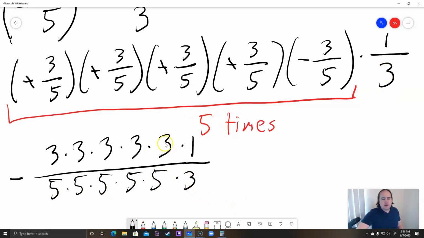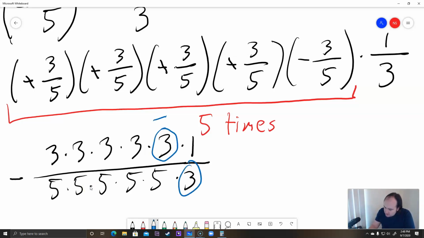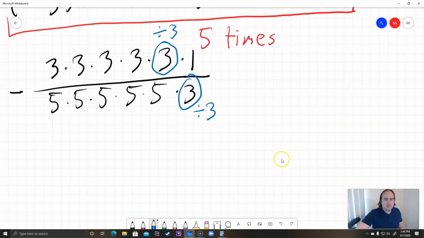And then we can go ahead and cancel out any common factors. So like here we have a 3 on the top and the bottom. So if we divide the top and the bottom by 3, then those are going to cancel out and just become 1.